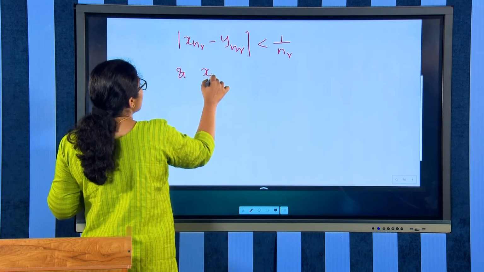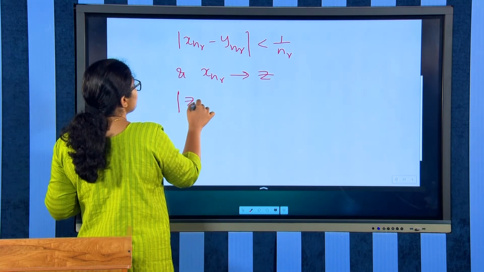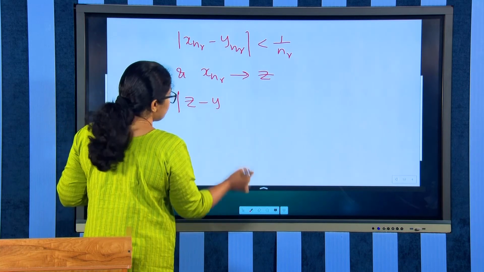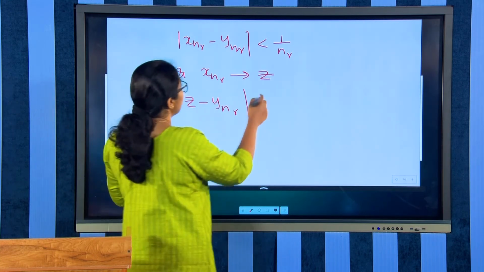Since xnr converges to z, consider modulus of z minus ynr, inserting xnr in between.